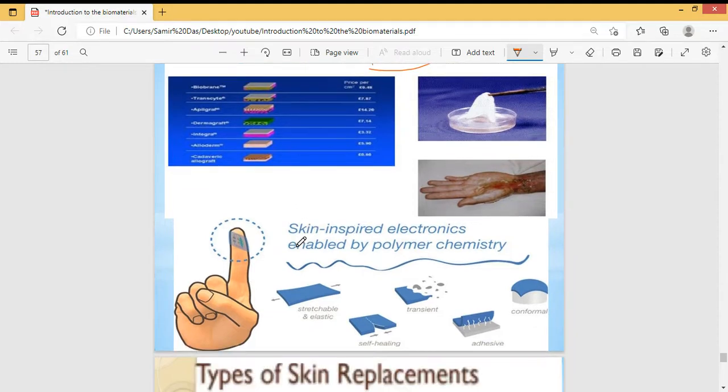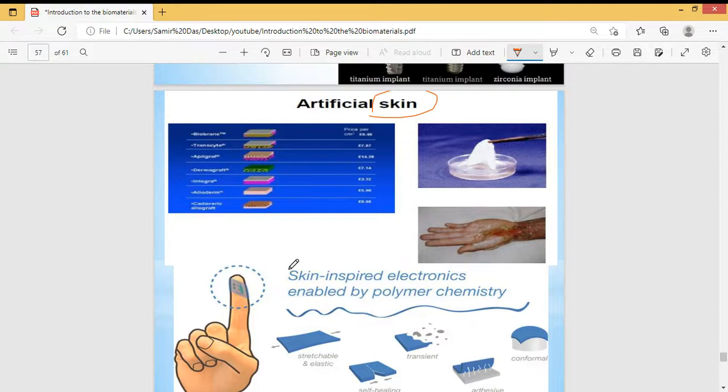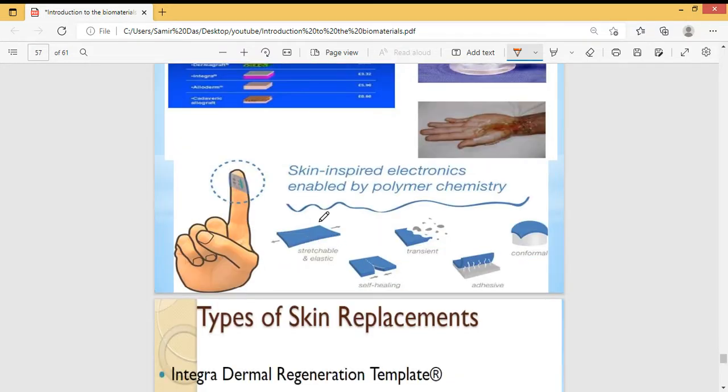If only the first layer of the skin is affected, then we don't go for any kind of skin grafting. But if the wound is a third degree burn, or more layers of the skin have been damaged due to the accident, then we go for skin grafting.